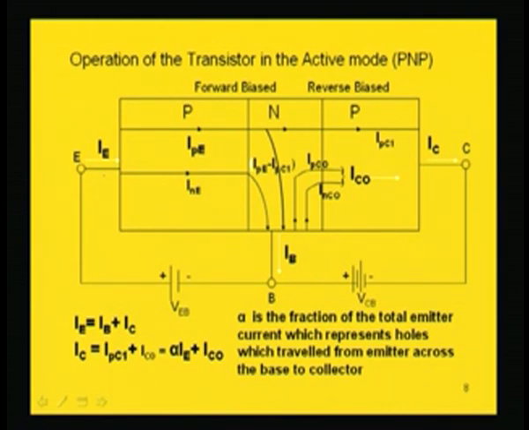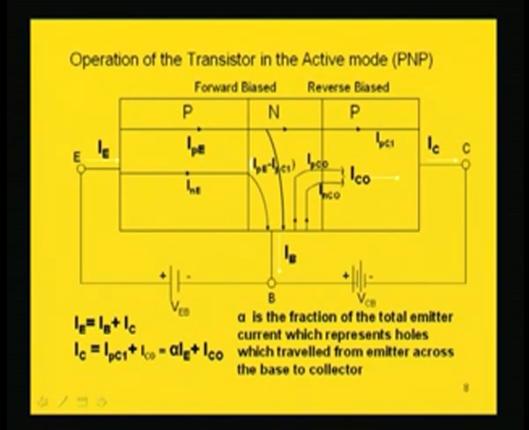So, total current is IE from left to right, that is, the IE current is entering the transistor. Now, out of this IPE, the holes which will be reaching the collector after passing through this base is IPC1.